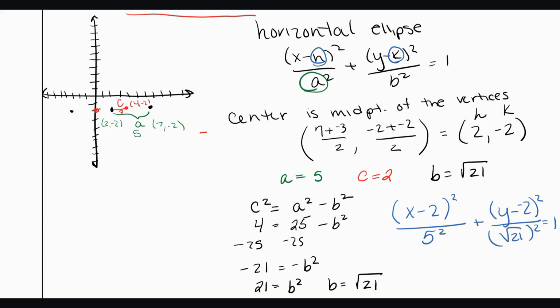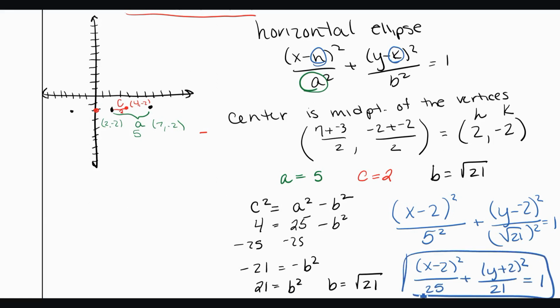And to clean this up just a little bit, we can write this as x minus 2 squared over 25 plus y plus 2 squared over 21 equals 1. Okay, so just by knowing the vertices and the foci, we were able to find the equation of our ellipse.